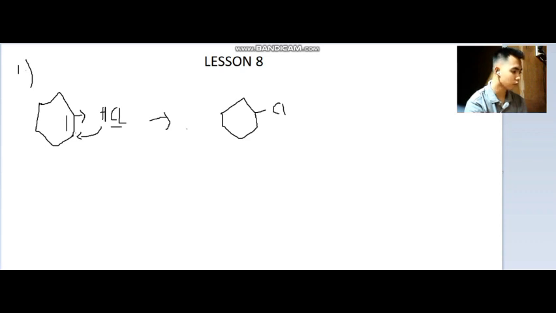So what will happen is that there will no longer be a double bond because hydrogen will take over and will bond with the carbon. So this will become a normal cyclohexane. And as for the chlorine, it will bond with the second carbon. So the final product looks like this.